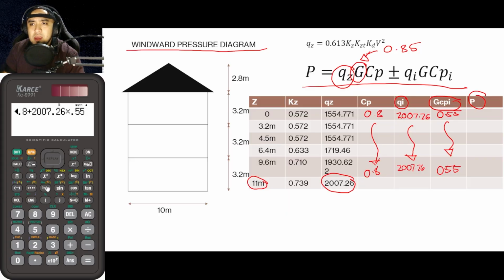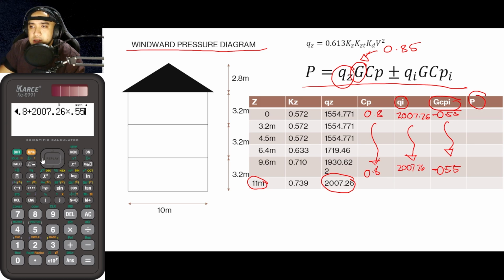Actually, I think it would be better to make use of the negative value first. For the negative GCPI, we consider that the pressure outside the building is less than the pressure inside. Let us solve for the values first before I explain it.